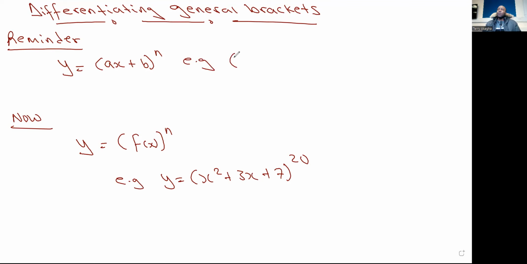We had linear functions in the last video, something like (3x + 5) raised to the power 2. But now you're having a quadratic equation in the bracket, or a polynomial. Maybe you're told to differentiate y is equal to (x cubed + 7x) all raised to the power minus half, for instance. So now you're having functions, while in the previous ones you were just having simple linear equations, okay? All right, so how do you differentiate this?